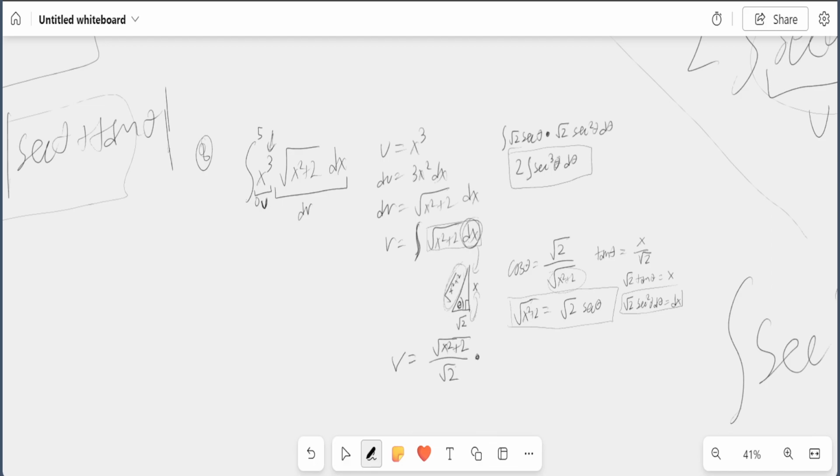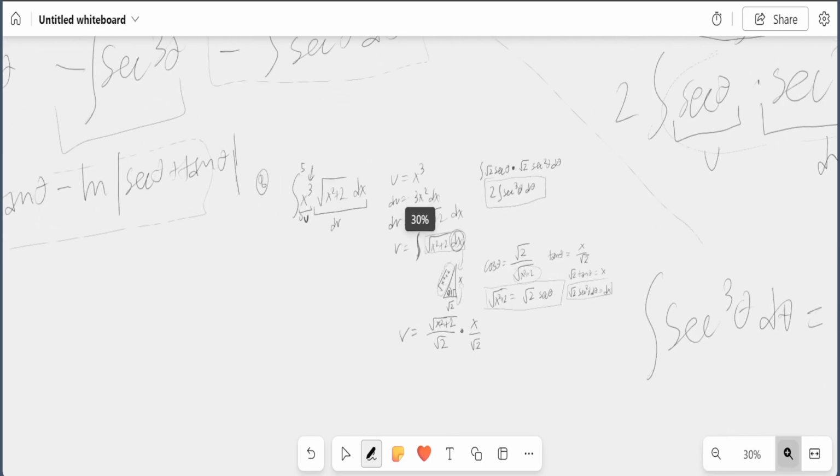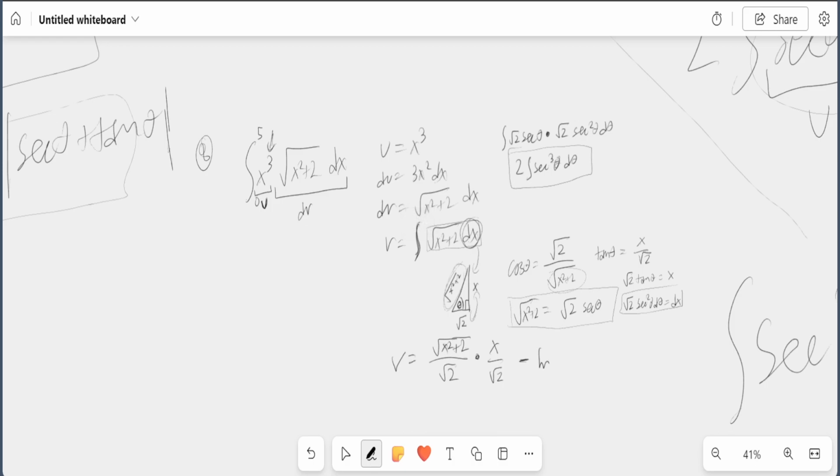Tangent theta is x over root 2, minus ln of secant theta, which is root x squared plus 2 over root 2, and then I'm going to simplify it prematurely, plus x over root 2, right? So that's the whole thing in terms of x.